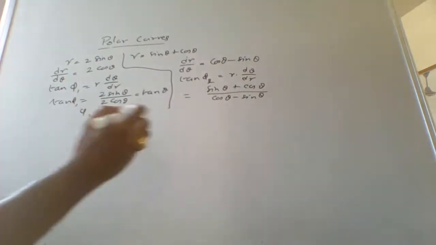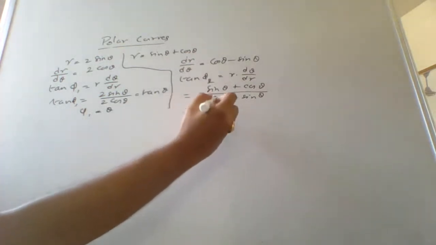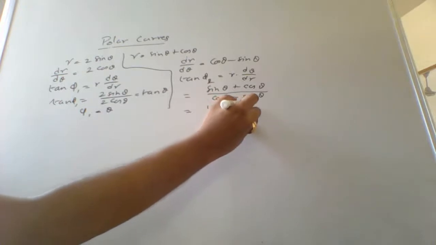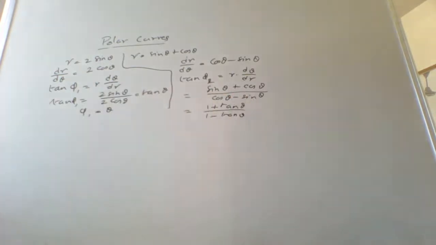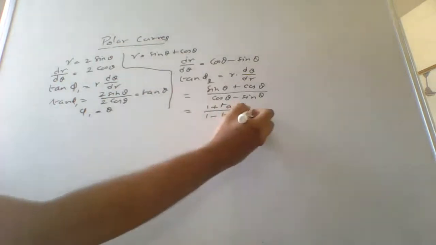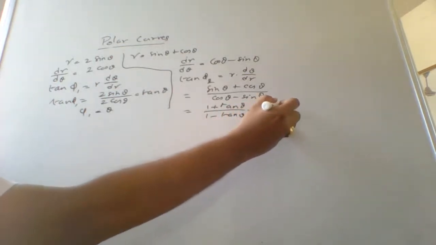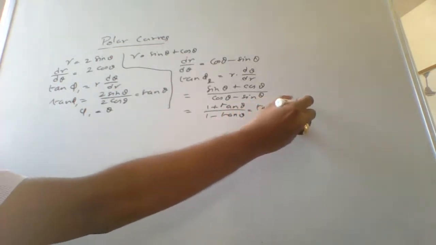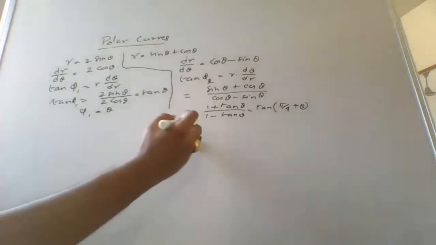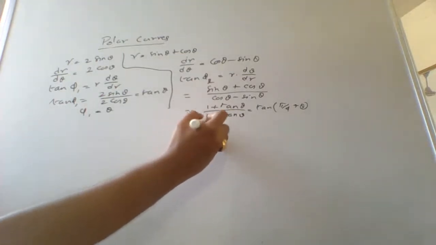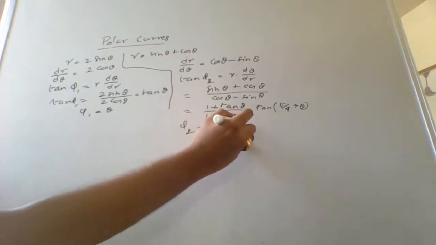Simplifying this further, I get 1 plus tan theta over 1 minus tan theta. Now, we know this as tan of pi by 4 plus theta. So phi 2 would be pi by 4 plus theta.